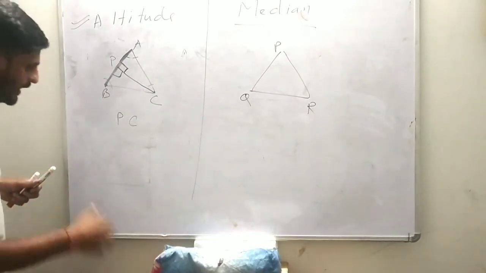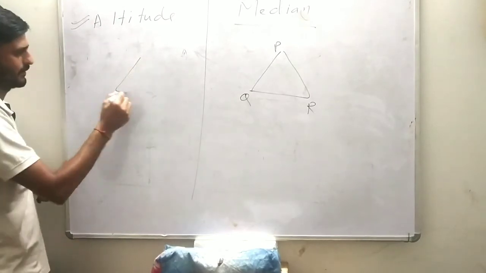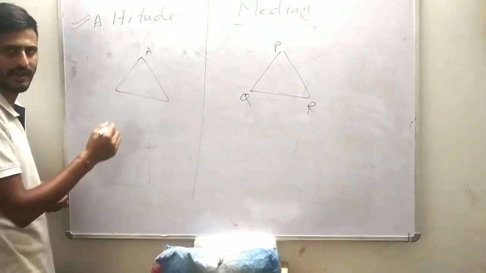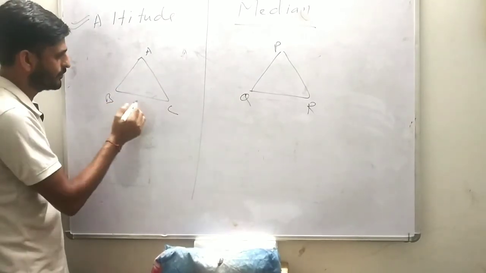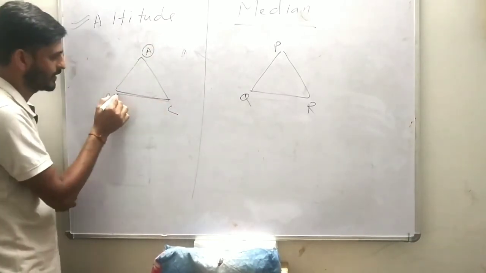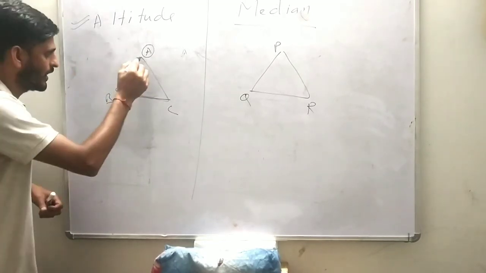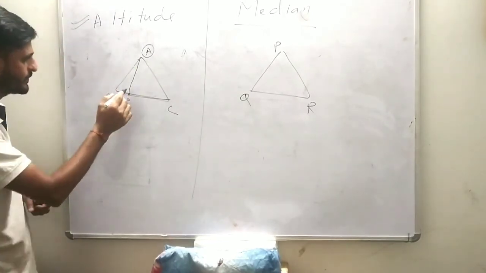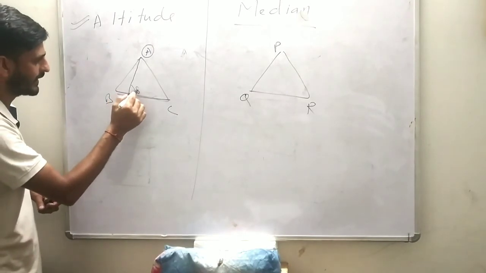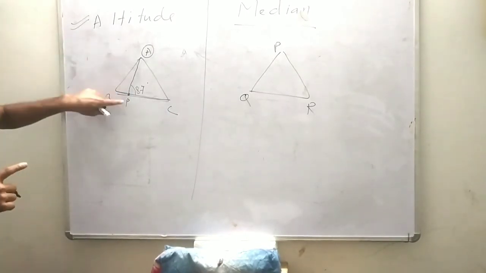Understood? Again I am saying: if you take a triangle ABC and vertex A, its opposite side is BC. If you join a point P there, and this angle is 87 degrees, will AP be an altitude?